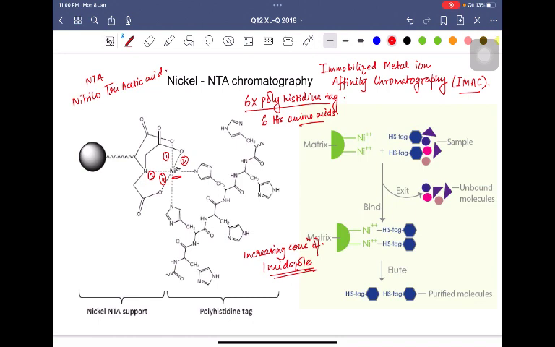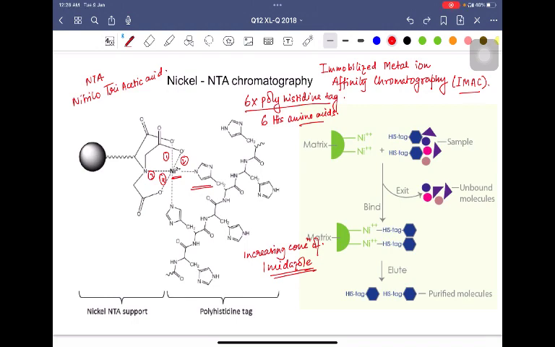Why do we use imidazole? Because it has the imidazole ring which can bind to the nickel NTA matrix, and imidazole can replace our protein from the column, so that the protein which was previously bound to the nickel NTA matrix can now be eluted out.